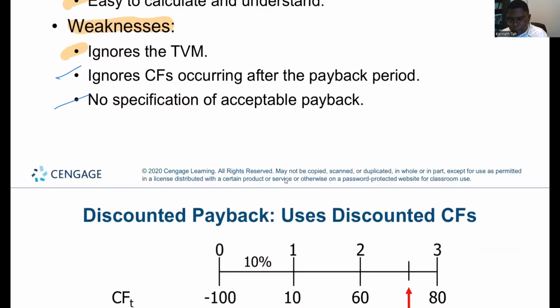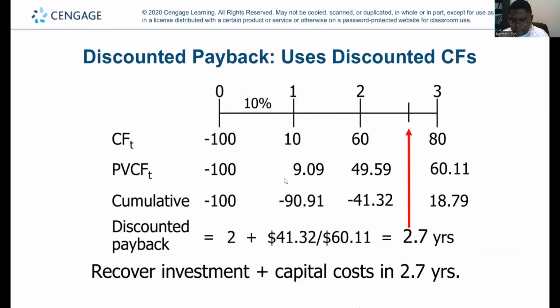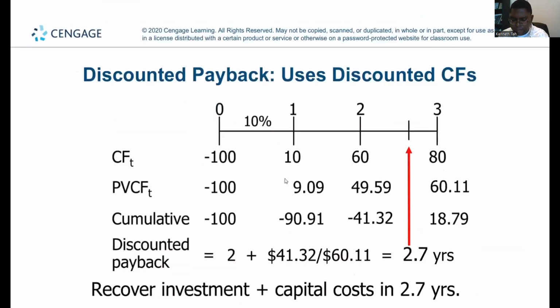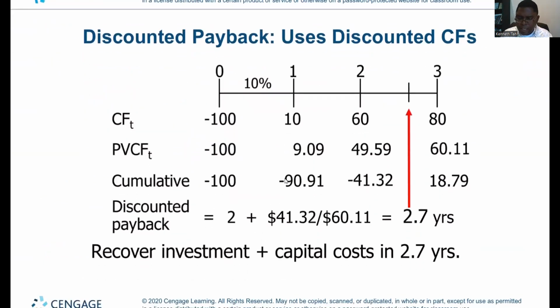Okay. So the last method we want to look at is what we call discounted payback. Discounted payback basically tries to improve the limitation of the payback period. The payback period's main weakness is that it doesn't take into consideration the time value of money.